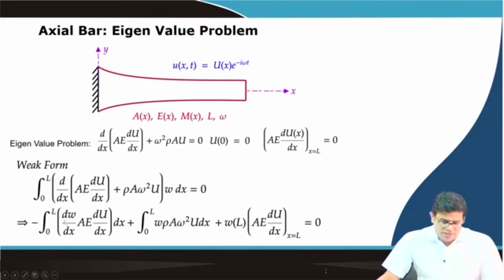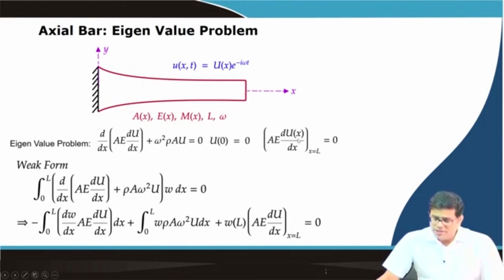So the weak form will generate your standard stiffness matrix. The only difference is that in place of a displacement, it is just a mode shape, and here it will be your mass matrix. We'll derive the mass matrix, how it can be derived, and this term will obviously be 0 because there will be no force acting here.